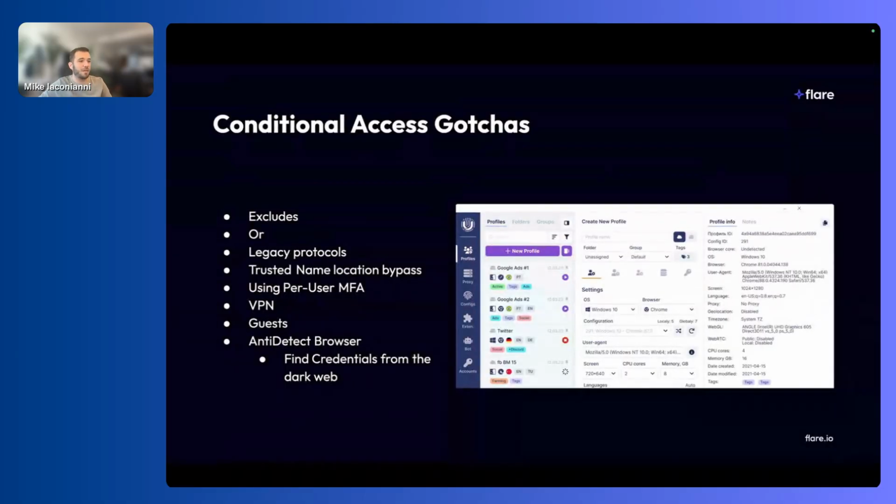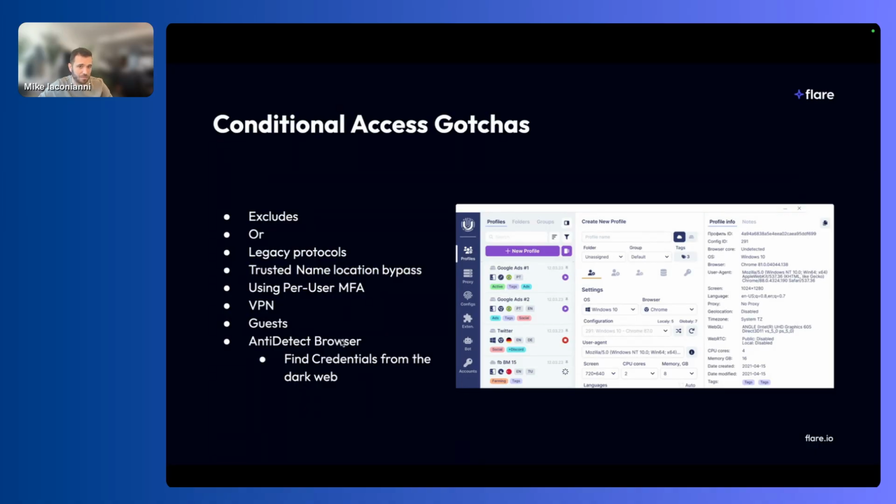But you can find VPN providers and their associated IP ranges. That's documented well online. There's GitHub pages for that. And then from there, if it's a VPN that your company isn't using, I recommend having some sort of conditional access policy to prevent that. We talked about guests.